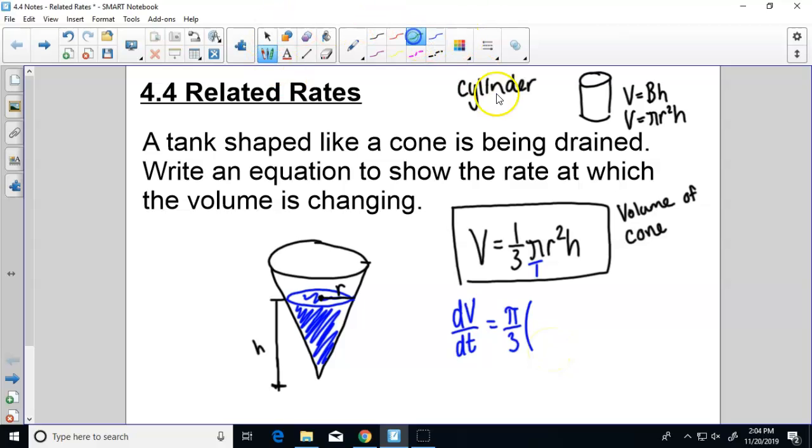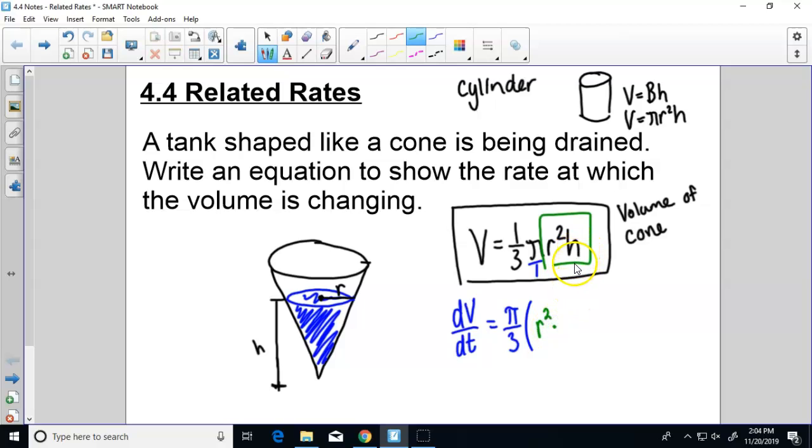But for this part, I've got to take the derivative of r squared times h. Since I have two variables there, I have to use the product rule. So I would say r squared times the derivative of h.